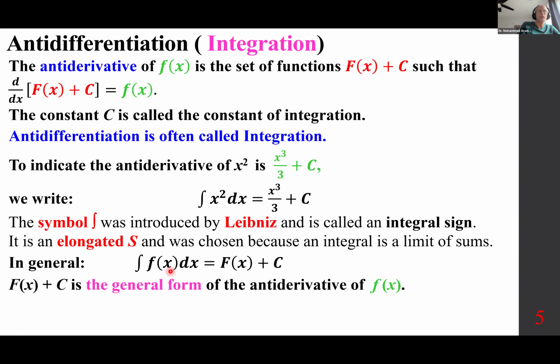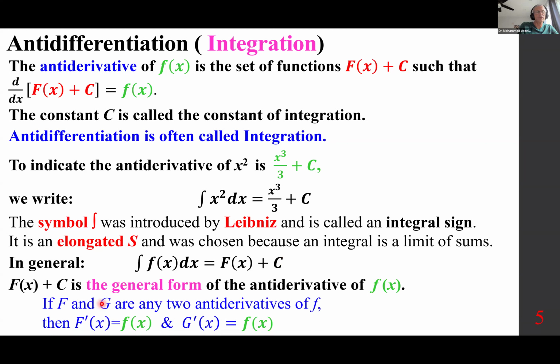In general, the integral of f of x dx is capital F of x plus c. Capital F of x plus c is the general form of the antiderivative of f of x. It's called the general solution or the indefinite integral. If capital F and capital G are any two antiderivatives of f, then capital F prime is lowercase f of x, and capital G prime is also lowercase f of x.